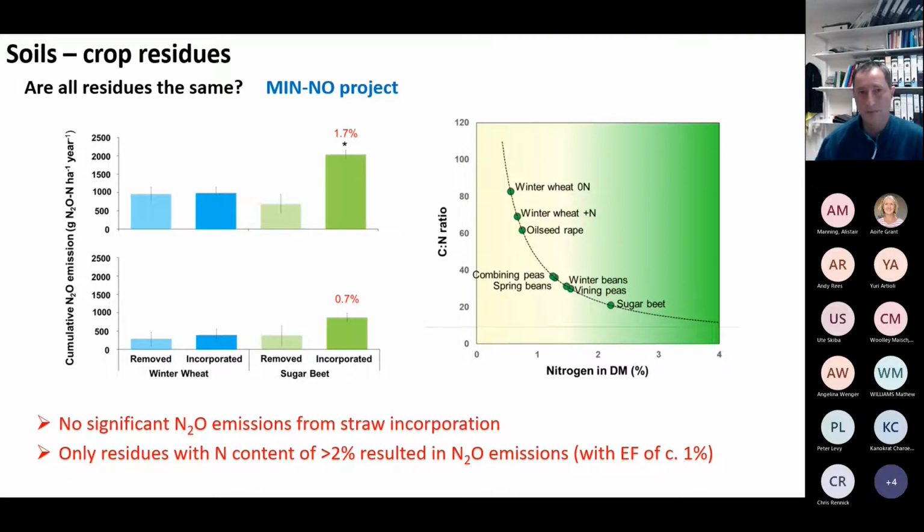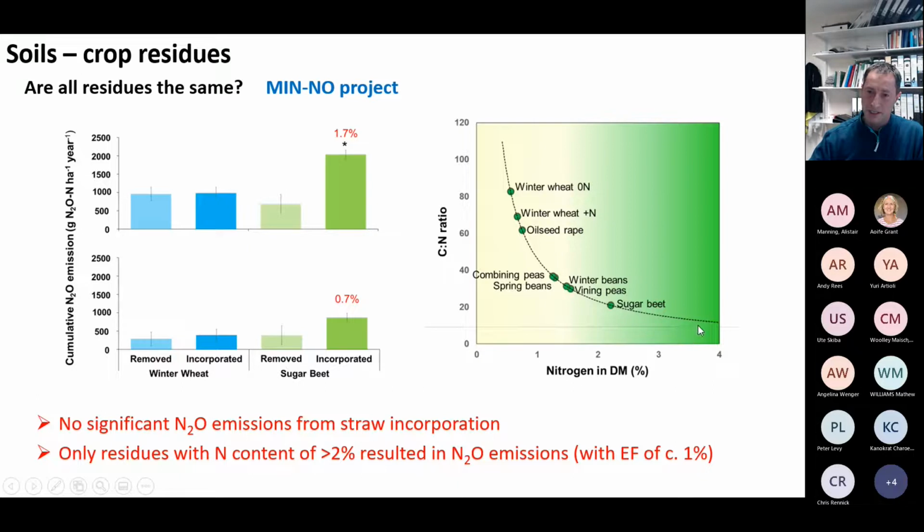And the Minnow project, which was a few years back now, but did some experiments on this and looked at incorporating straw from winter wheat, so nitrous oxide emissions, whether the straw was removed or incorporated, and found virtually no difference in N2O emissions there. But with a green leafy residue, such as sugar beet leaves, they found a big difference in the nitrous oxide emissions if the leaves were incorporated.